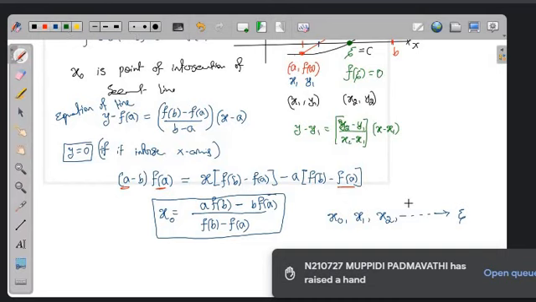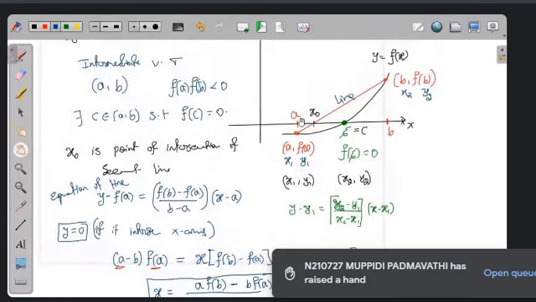Now suppose you take x10, the distance between the exact root and x10 may be less than 0.01 or 0.001, whereas in the bisection method we may need the 40th step or maybe the 30th step. Alright, so let us quickly solve a problem using this.